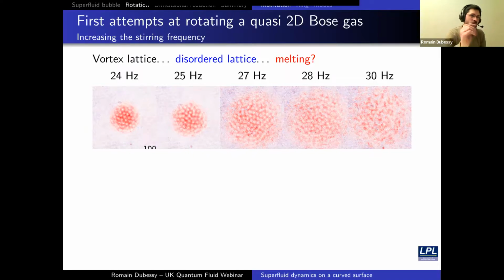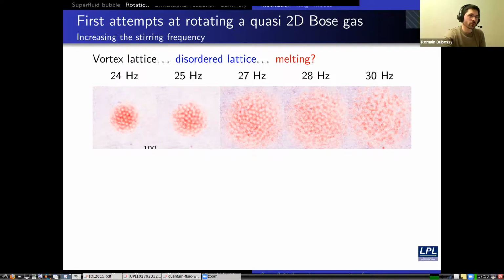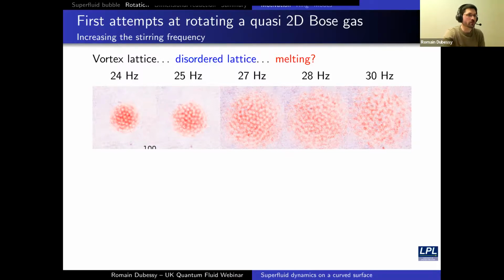I don't know what your system was, but in our case, we also finely tune the trap to have a very well rotationally invariant and very smooth trap with almost no defects, I would say. Well, I'm guessing the traps that I was working with had some defects, so that's also a good point. But okay, I'm quite interested in this.